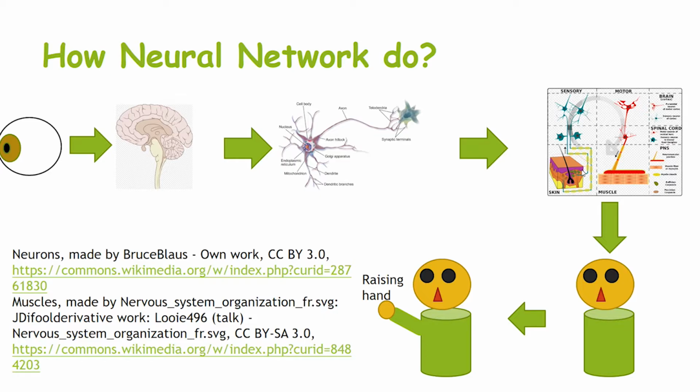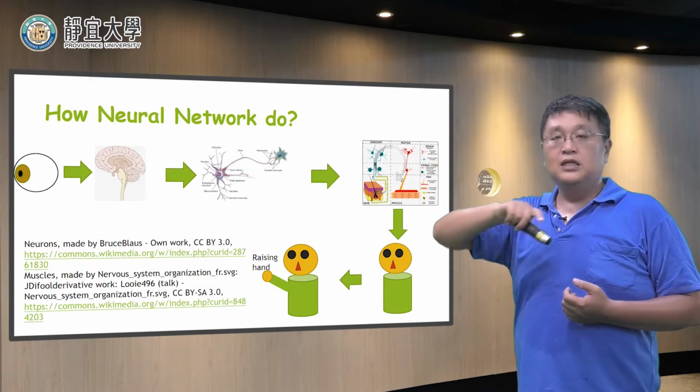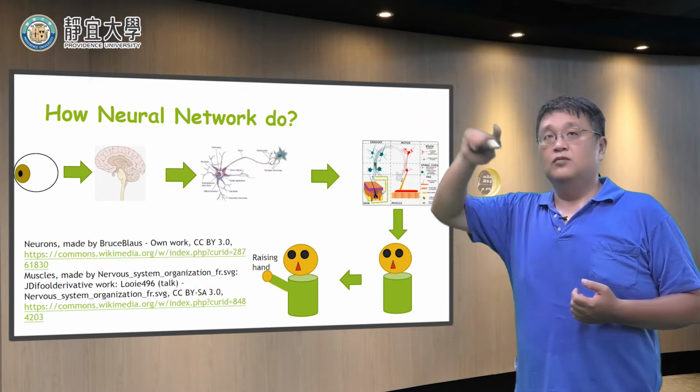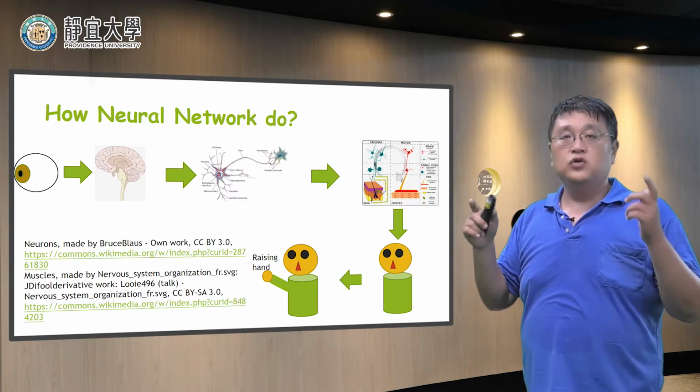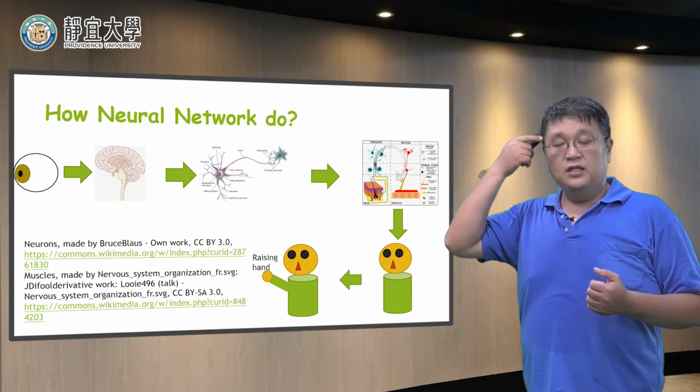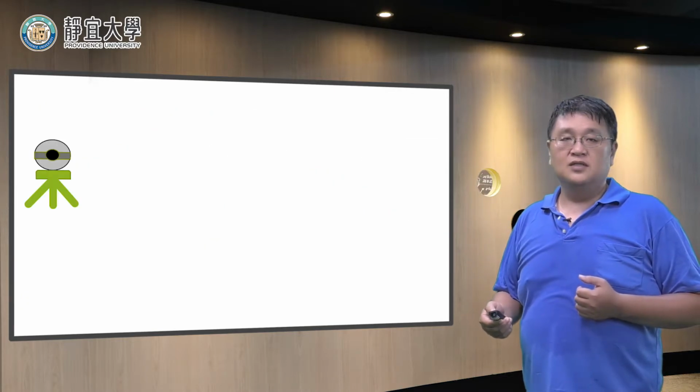When we see a person we are familiar with, our brain gives a signal to raise our hand to say hello. This kind of thing is just what neurons do in our brain. So artificial intelligence is the same.